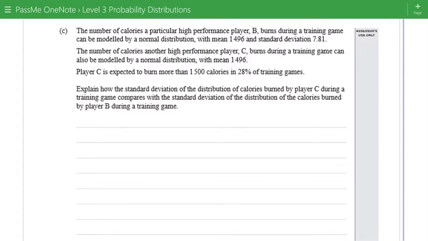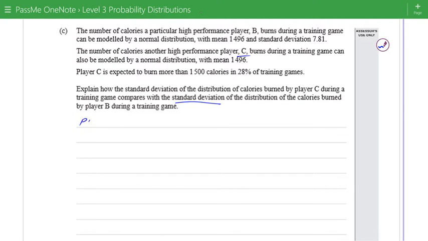Okay, here's question C. This question is asking us about the standard deviation of player C. So I've got two players, and from here I'm going to draw out a distribution for each.